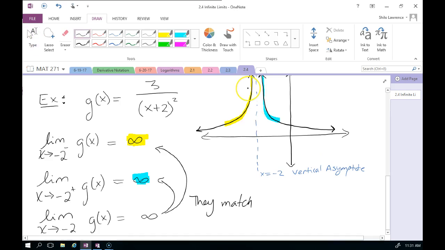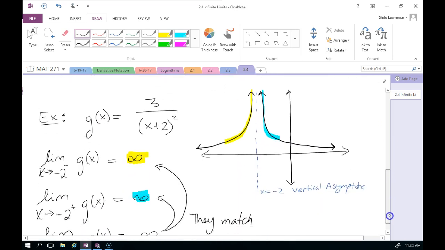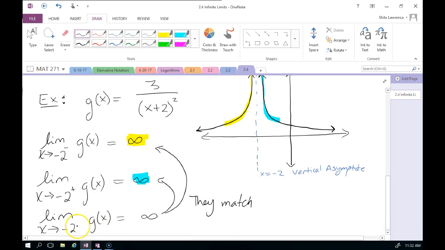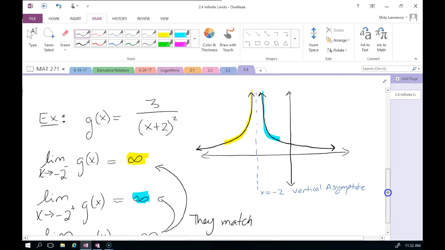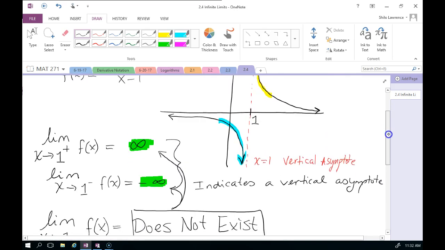We can follow the graph in from the left and from the right. We can always do left and right hand limits. If they don't match, that means our standard limit doesn't exist, just like before. If they do match, then we can do our standard limit, just like before. And in the infinite limits, it means we're getting positive and negative infinity as our answers.